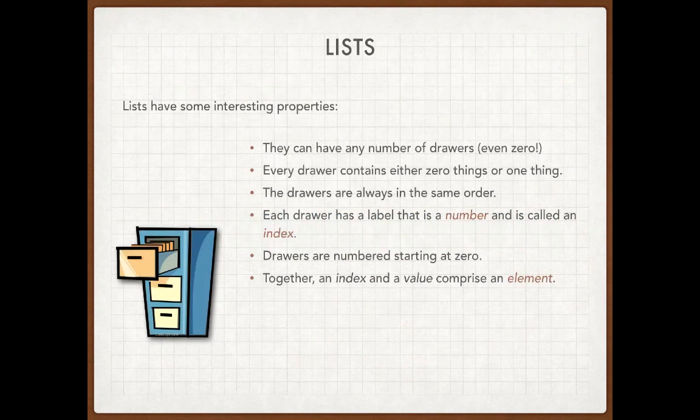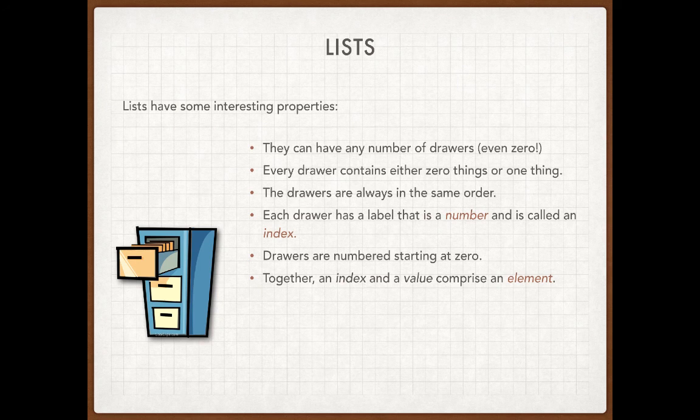All right. So just as a quick summary, lists have these properties. A list can have any number of drawers, that is to say, any number of elements, even 0. And we'll see some occasions for this in the future as we go through, where we might be filtering some data or collecting some things that fulfill a set of criteria for us.